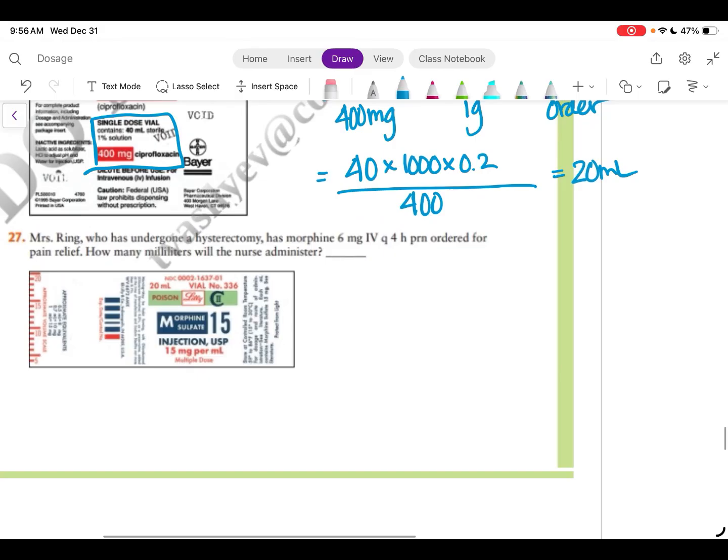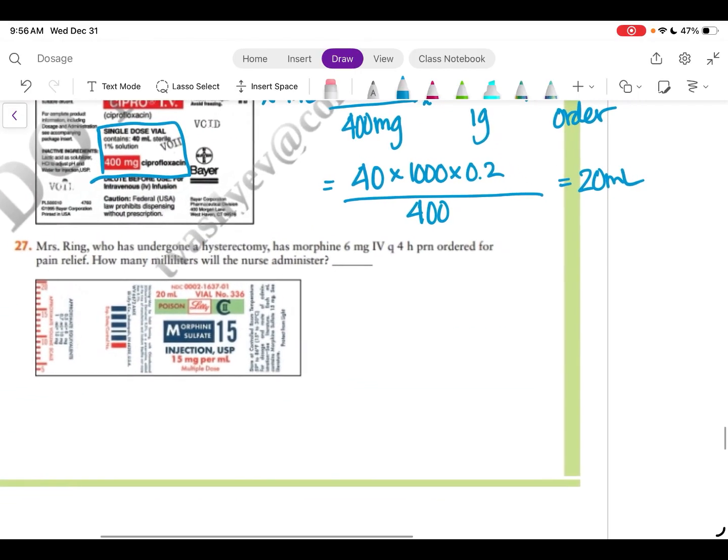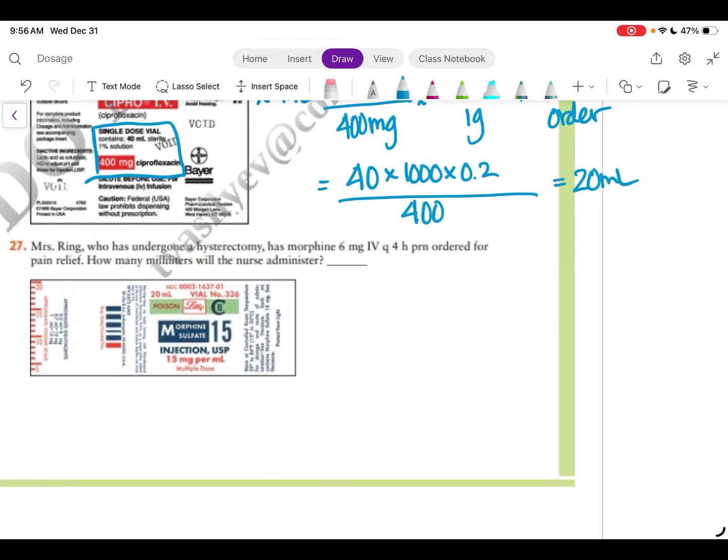All right, number 27. Okay, that's not our last one. So 27, you have an order for 6 milligrams of morphine, right? 6 milligrams. And how many milliliters are you going to give? So this one's pretty easy. XML. Right here in the label is my dosage, so I know that 1 milliliter is 15 milligrams.